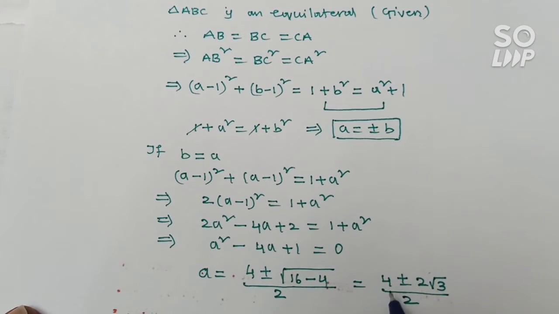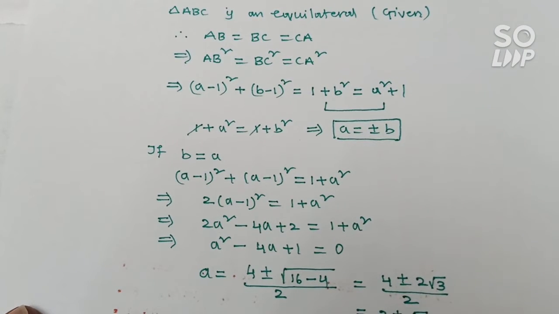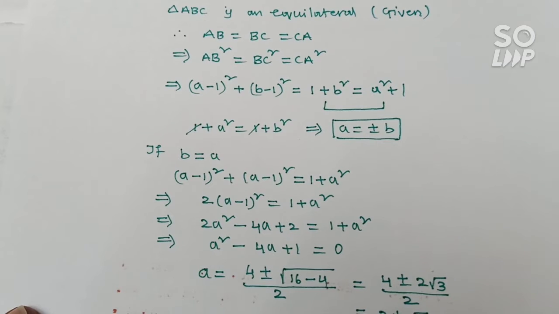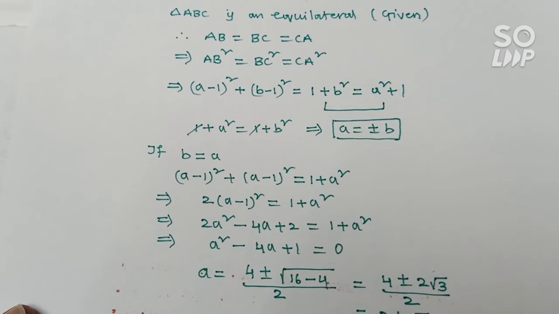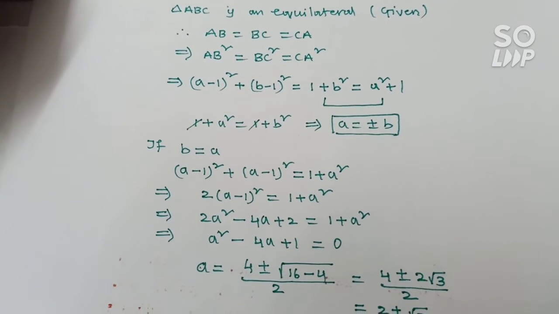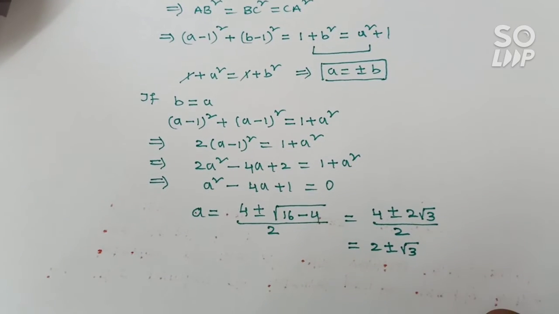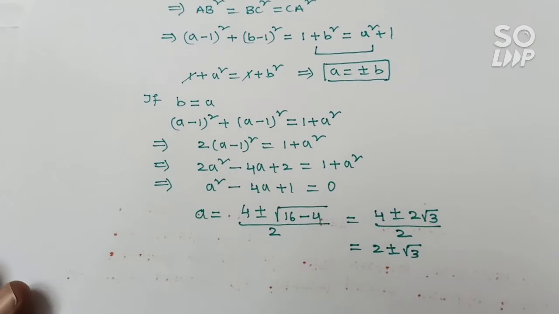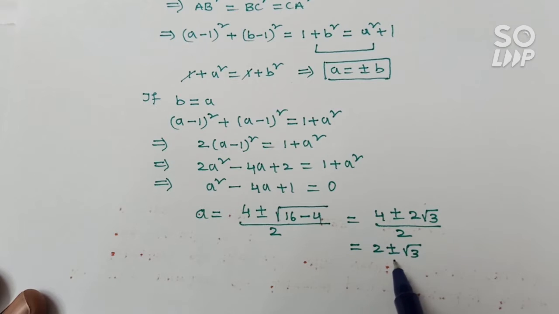Taking 2 common, this becomes 2 plus or minus root 3. So two values are there: one value is 2 plus root 3 and the other is 2 minus root 3.